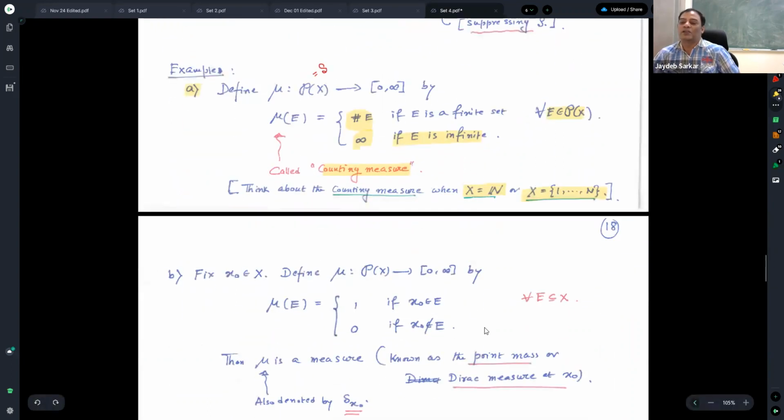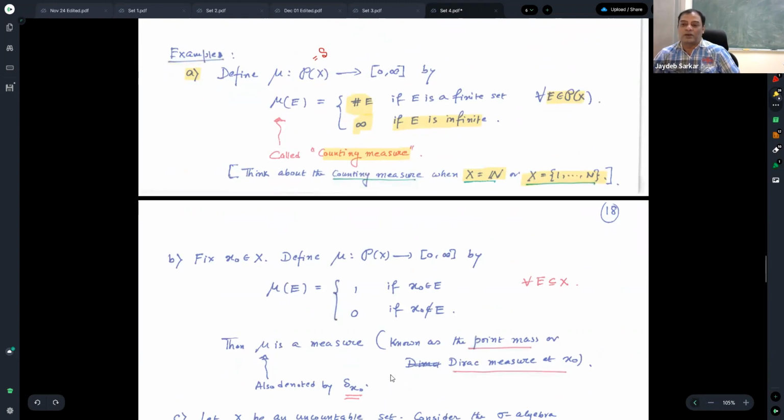Okay. Second one is another important example. That's called Dirac measure or point mass measure. So it goes as follows: fix an x naught from X and define mu from the power set. So here also the sigma algebra is P of X. You define mu of E as 1 if x naught is in E, and if it is not there, then you call it 0.